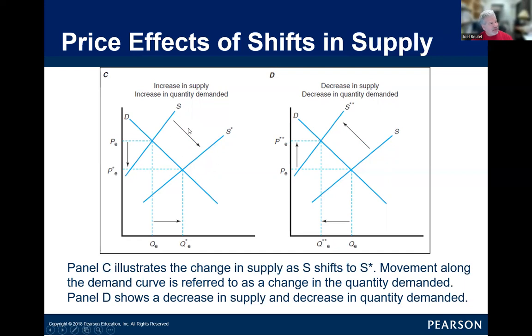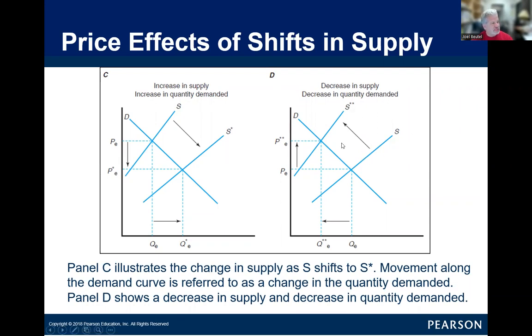So as the supply curve increases in graph C, we go from S to S star or S asterisk. The price went down and the quantity went up. So supply is inversely correlated with price. Makes sense. So supply goes up, price goes down. Quantity goes up as well.